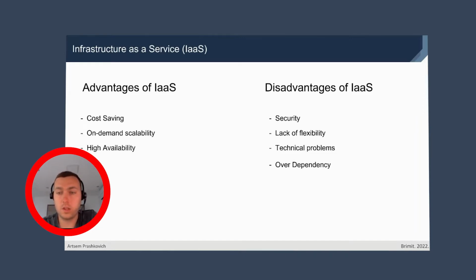Another advantage is that the organization doesn't need to upgrade software and hardware or even troubleshoot any equipment problems, and infrastructure and hardware can be scaled up and down quickly in response to the company's requirements.